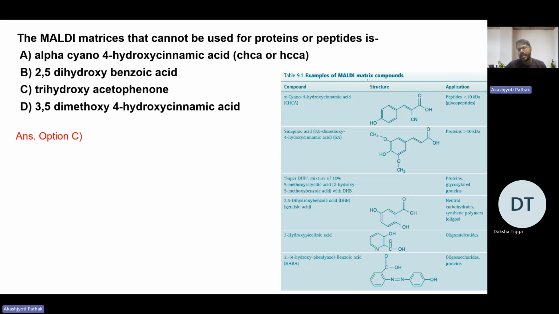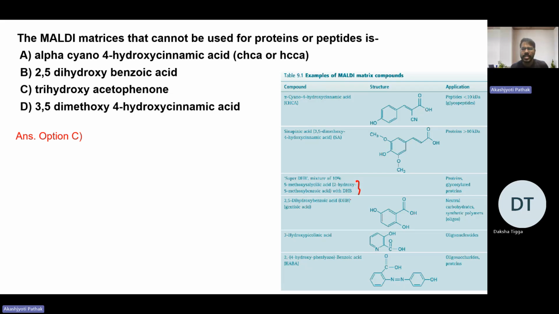If your peptide is less than 10 kDa, then you can use alpha-cyano-4-hydroxycinnamic acid, CHCA. If your protein has molecular weight greater than 10 kDa, then you can use sinapinic acid. If your protein is glycosylated, then you can use super DHB, which has this particular molecular formula.